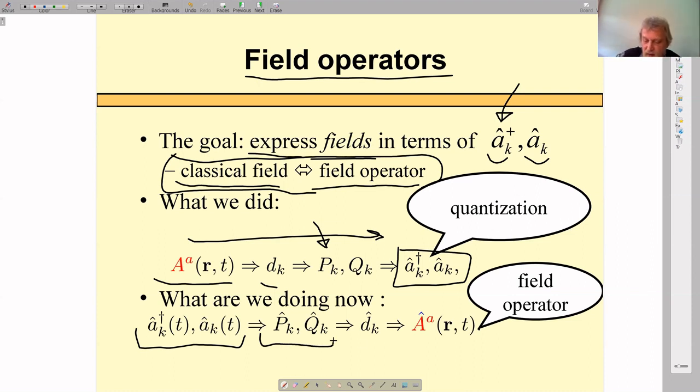We can express normal coordinates, and from the normal coordinates, we can express the field. But now the field becomes an operator. That's how we introduce the field operator.